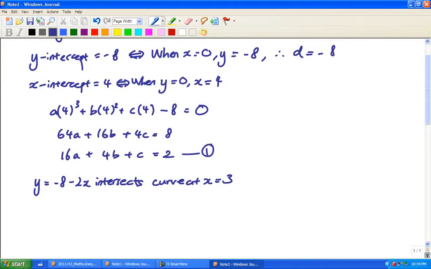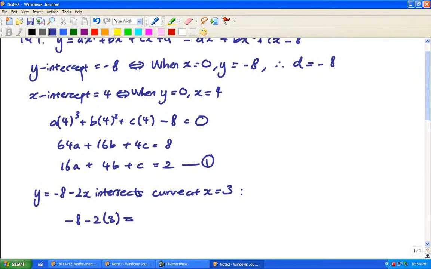So from here, if we put x equals 3 into the equation y equals -8 minus 2x, this will be equal to the value of y for the cubic curve.